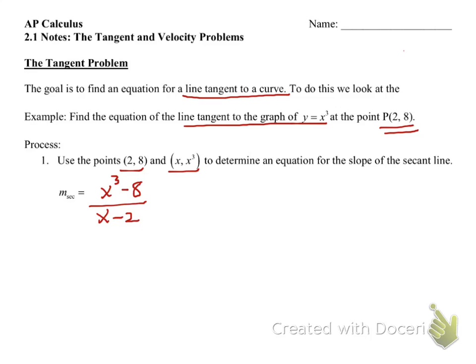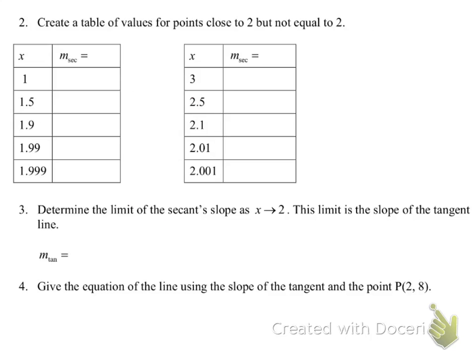Then what we're going to do is let our graphing calculator find a table of values for us based off of this equation. We plug it into y1 of our graphing calculator, and then look for numbers that are close to 2, or numbers as we approach 2.